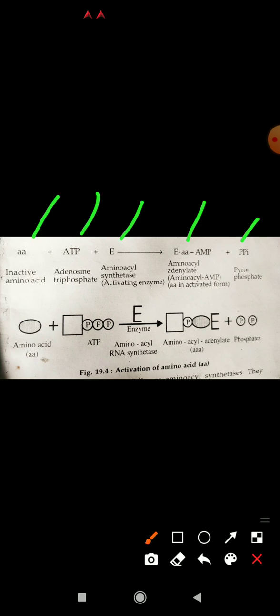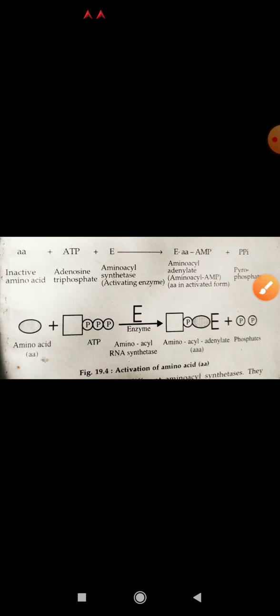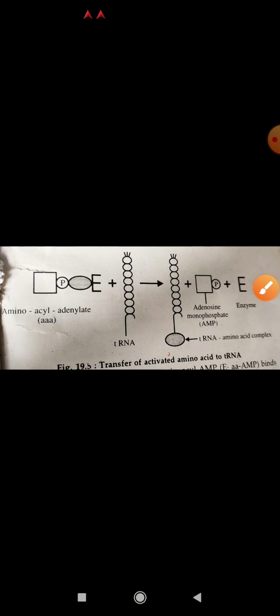Then transfer of activated amino acid to tRNA. Here activation we have seen, then the transfer.